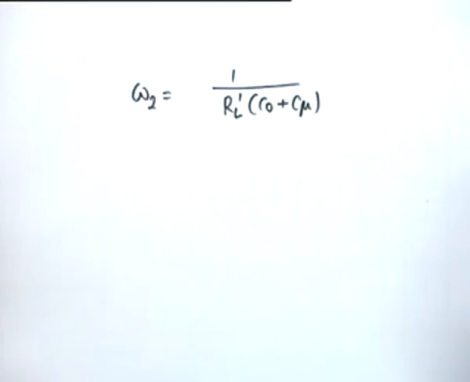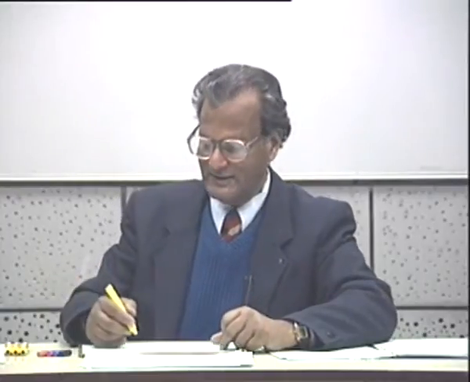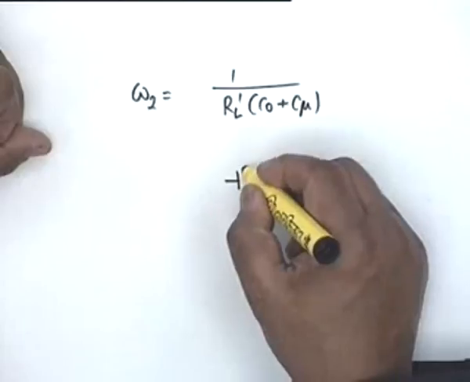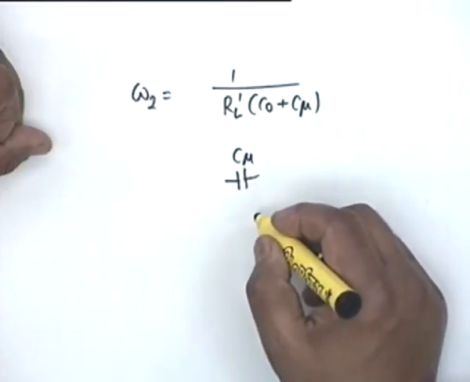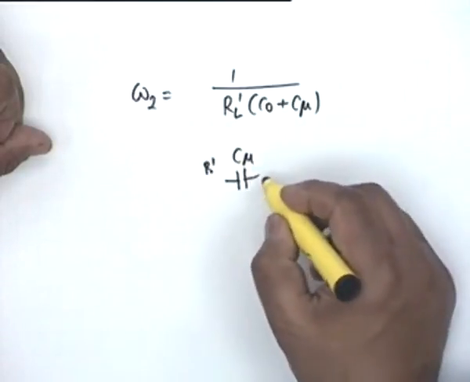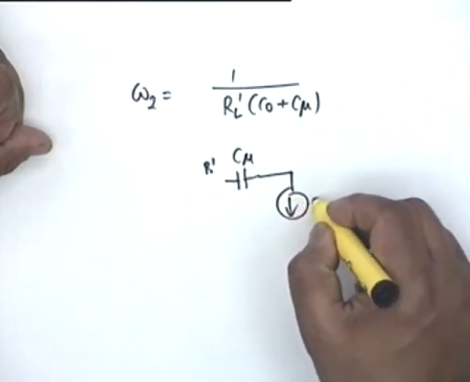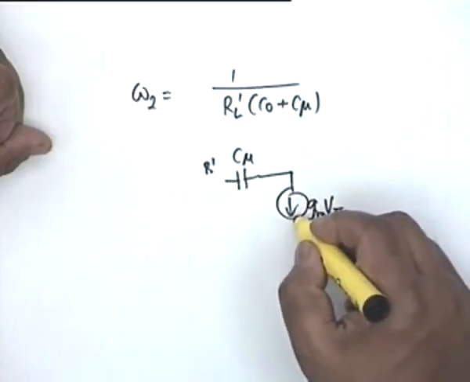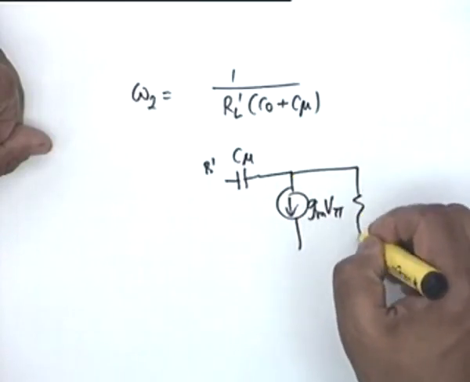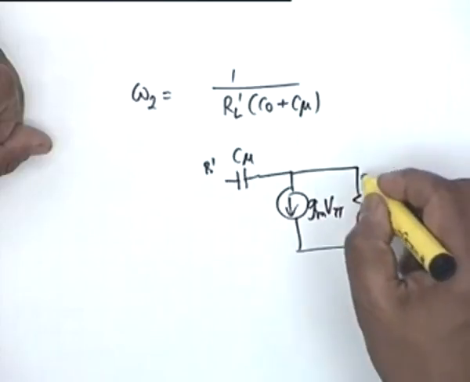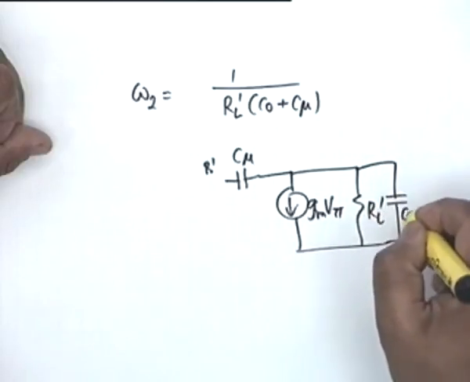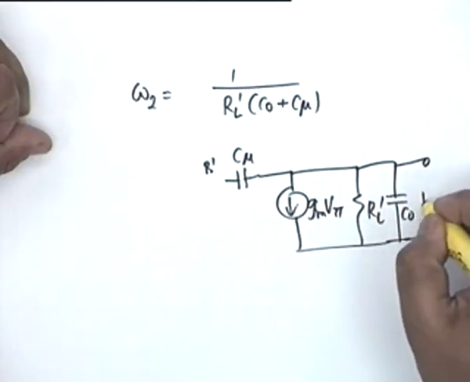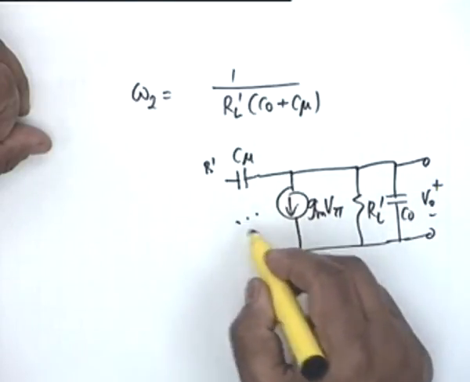It also shows a simplification in the equivalent circuit. You remember, in the equivalent circuit there was a C mu which went to B prime, then we had a GMV pi, then RL prime and C0. Okay, I am not drawing the rest of the circuit.